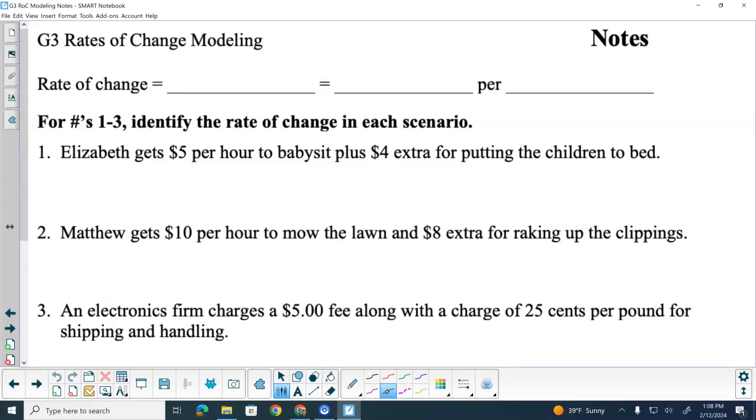There's no negative. Delta y blank delta x. Not per, I'm not going to take this one, we'll take it in the next one. Is there going to be a number in the middle? Nope. You have to fill in the blank.